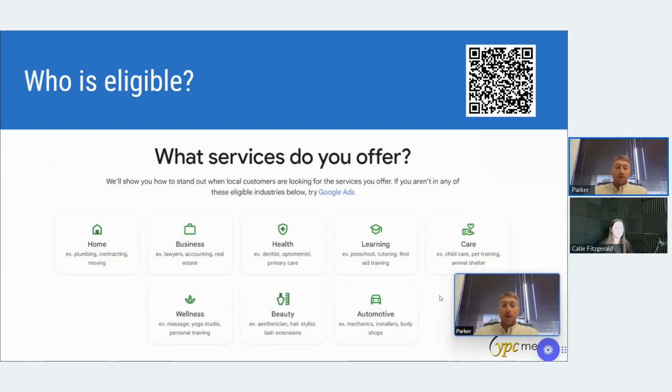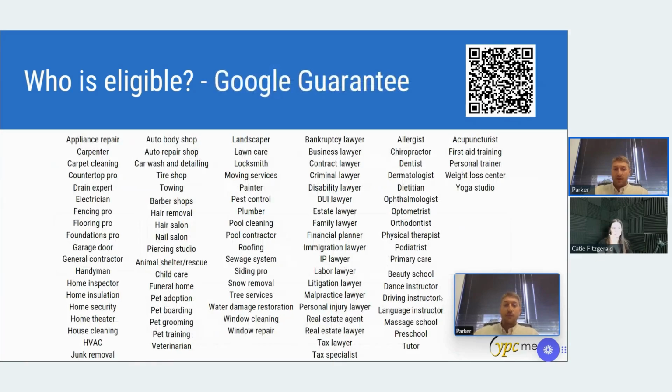But below, you have a couple of different categories here that break down a little bit more about the types of businesses and practices that are available for these platforms. So you have things related to home, business, health, learning, care, wellness, beauty, and also the automotive industry. So again, these are going to break down into similar or smaller pieces that actually correlate to what your business category represents on the Google Business Profile page.